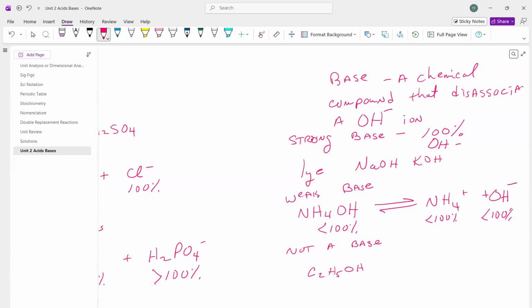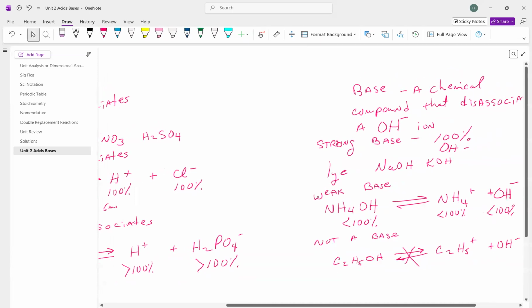So we have ethanol, drinking alcohol again. And there are very few strong bases, very few strong ones.